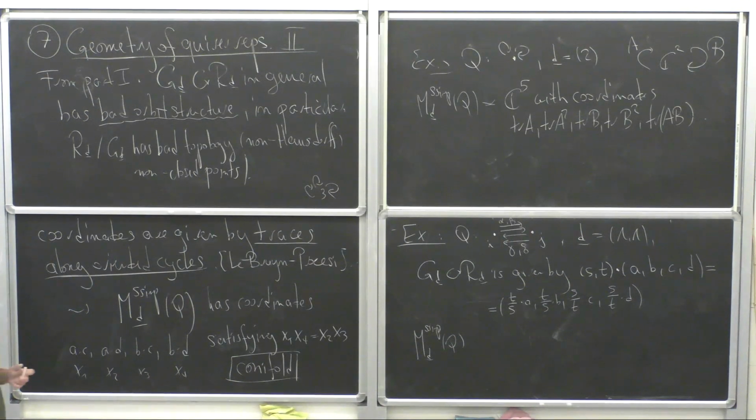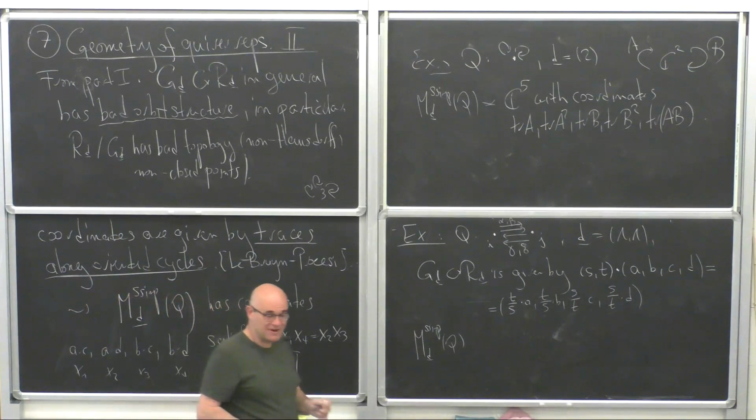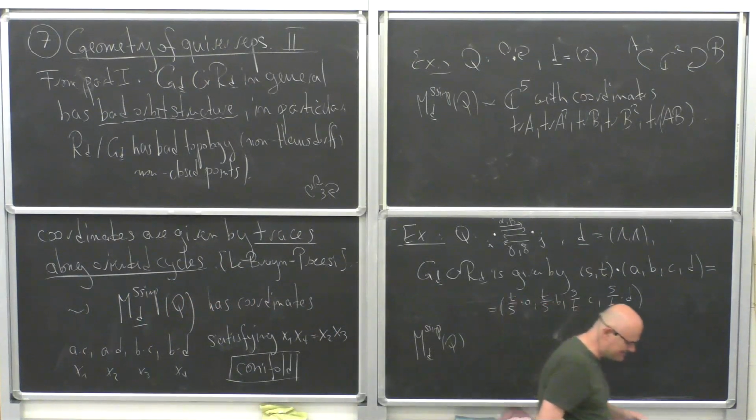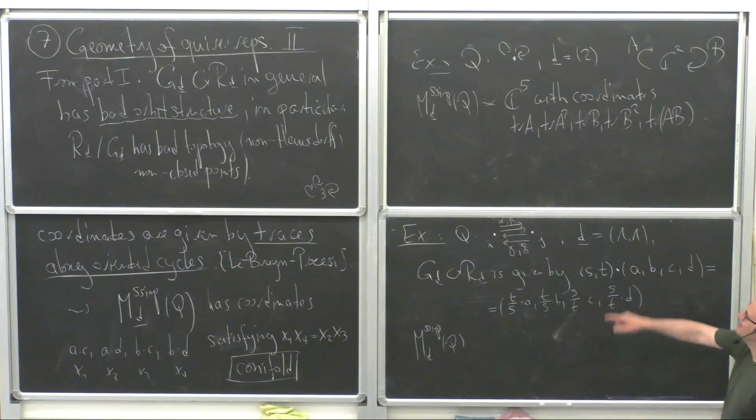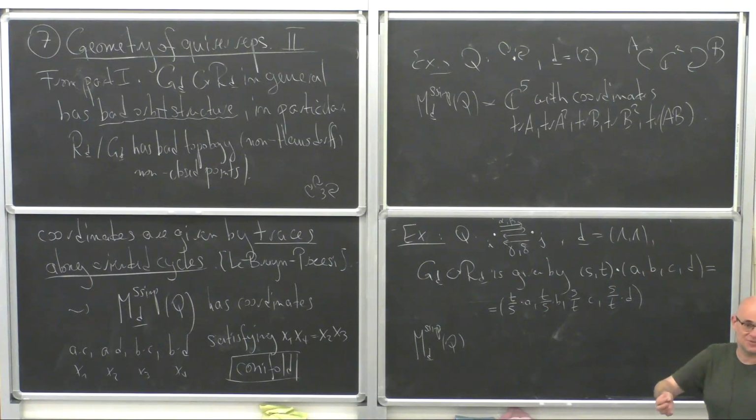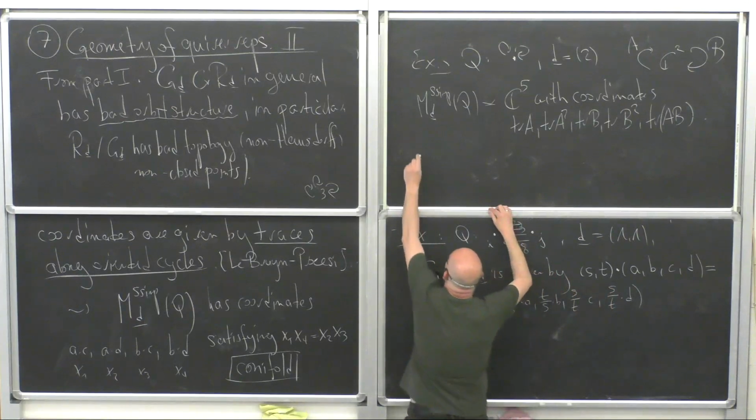How come? Well, the solution is that if your quiver has no oriented cycles, then in each dimension you have only one closed orbit. So all the moduli spaces are single points. So final example.